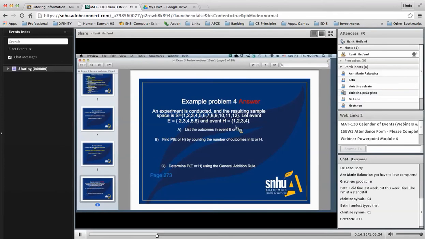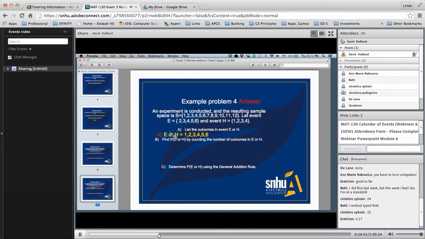So 1 is in because that's in H. 2 is in, 3 is in, 4 is in. Those are all in H. 5 is in, because that's in E. 6 is in because that's in E. But 7's not in either. 8's not in either. 9's not in either. 10, 11, 12, those aren't in either. So anything that's in either E or H is in E or H, right?